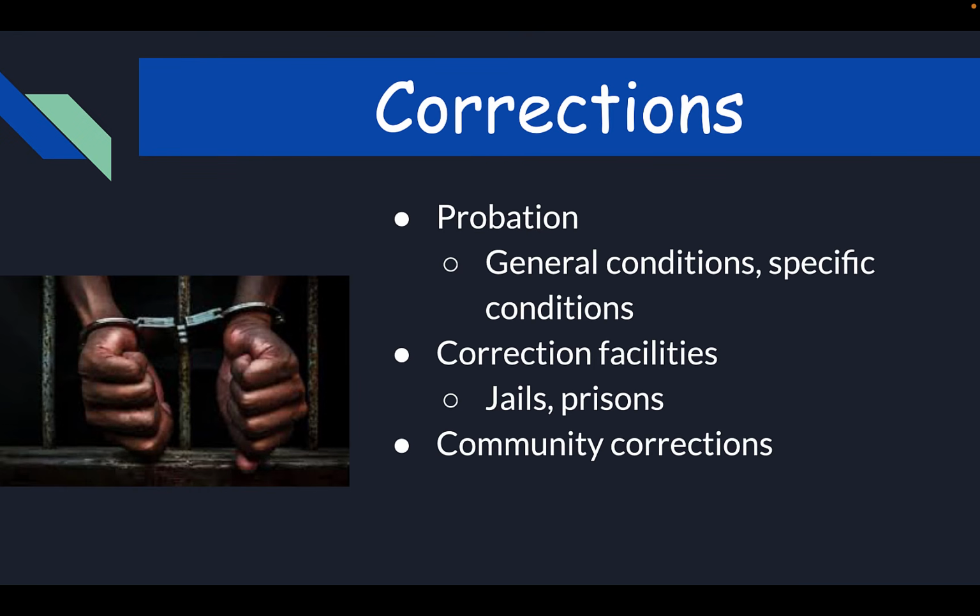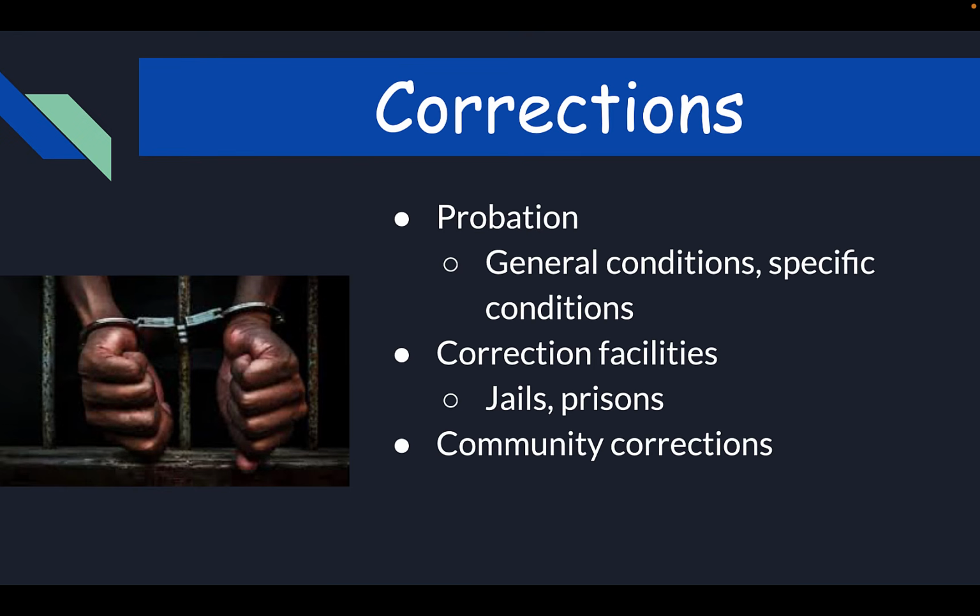And then correctional facilities themselves, you've got jails, you've got prisons. The difference is jail is typically for people convicted of minor crimes, and is often used to house people awaiting trial. While prisons are often for people convicted of much more serious crimes with longer sentences. It's not always exactly this rule, but basically think of it as under a year jail, over a year prison.